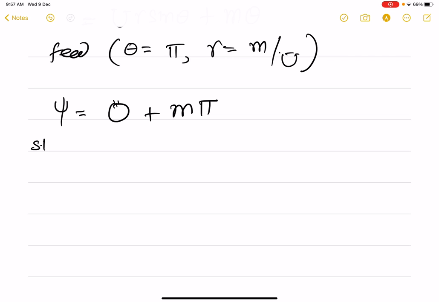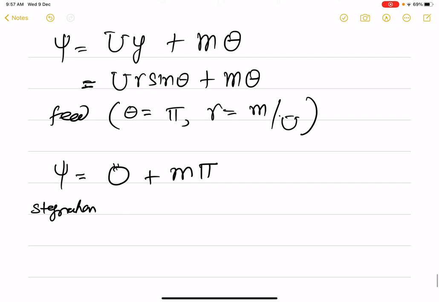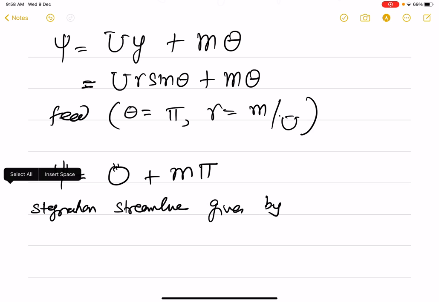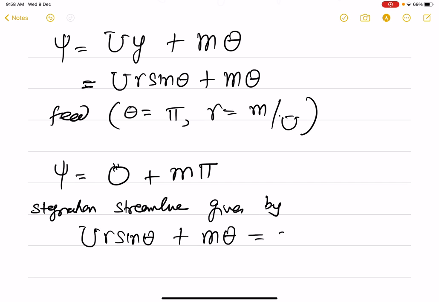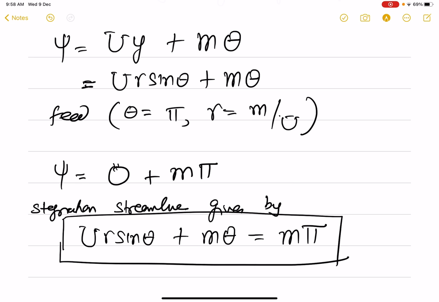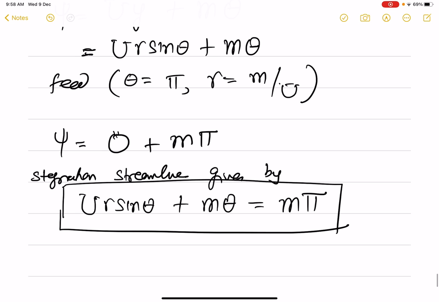That means the stagnation streamline is given by u times r sine theta plus m theta is equal to m pi. So this is the streamline which passes through the stagnation point.